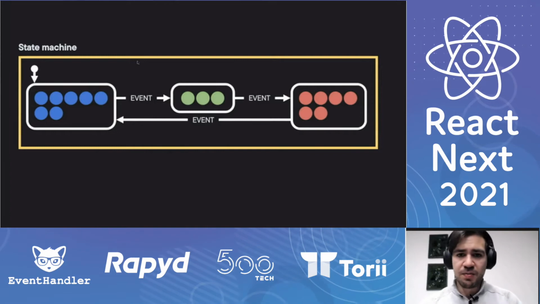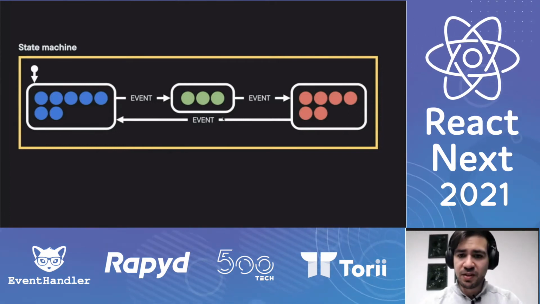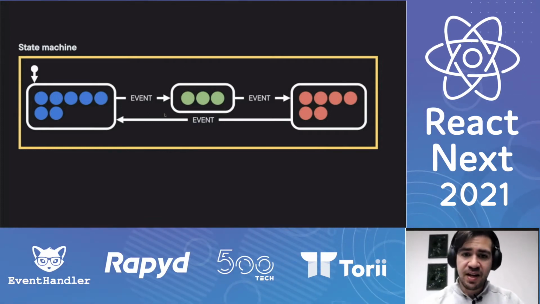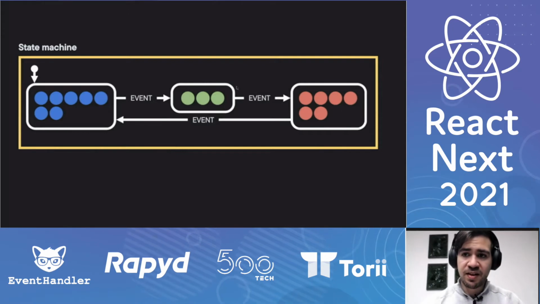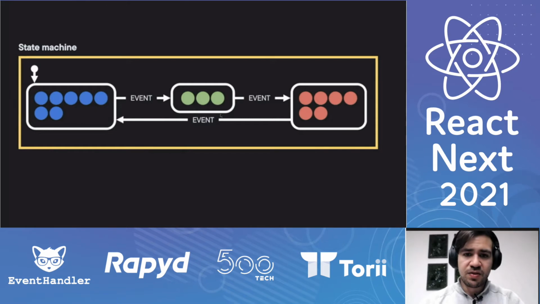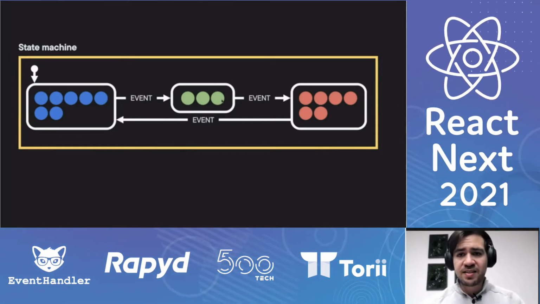So for instance, we might be in some idle state, and when we start to load data, now we're in some loading state. And so when the event comes to load data and we're in the loading state, we could say, well, we don't handle that event. So we're just going to continue loading without doing any sort of double loading or anything else that would require this defensive logic.